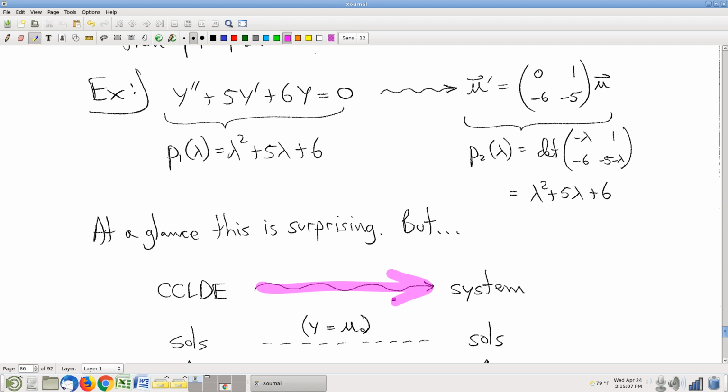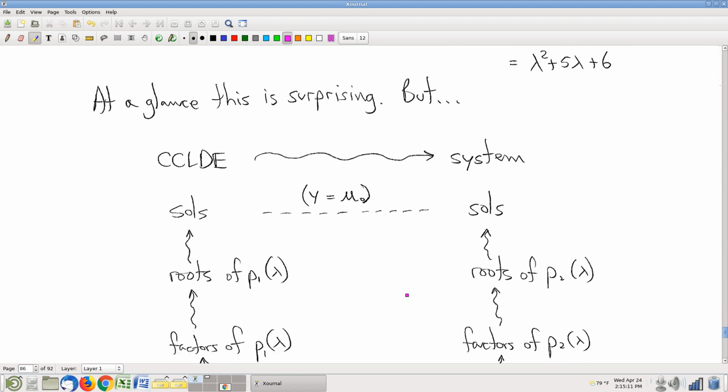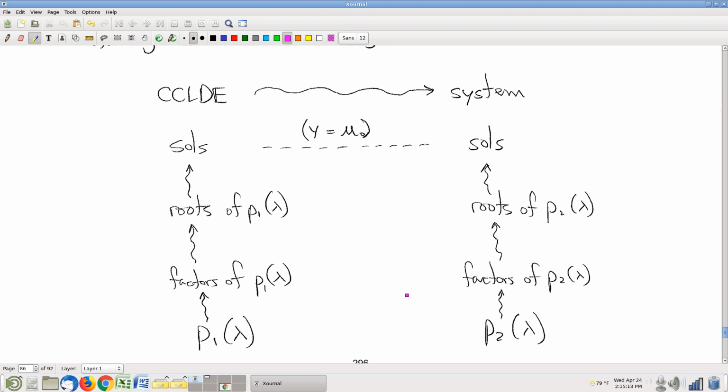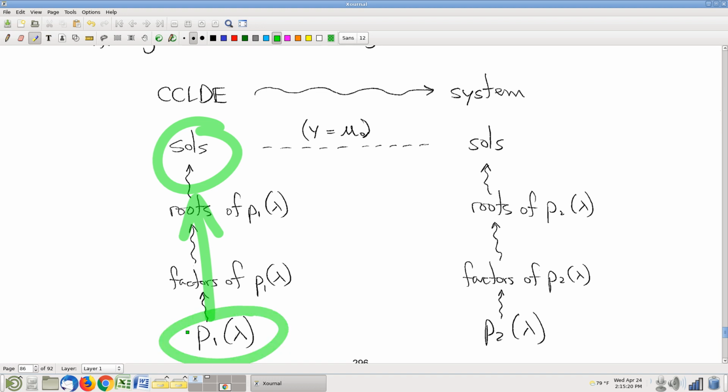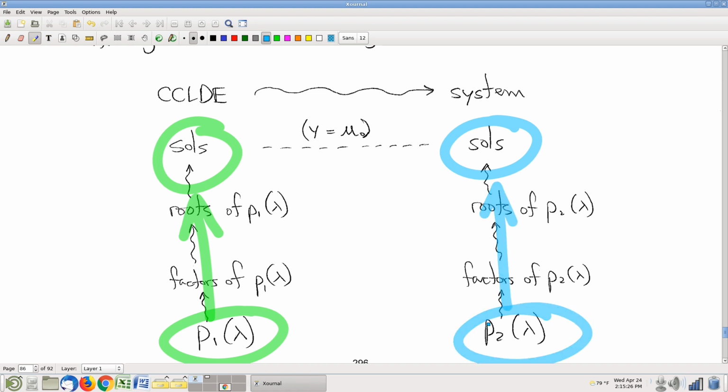And then we'll just think about, wait a second, in each of these cases, where do solutions come from? Ultimately, in both cases, these solutions come from this characteristic polynomial, and these solutions come from this characteristic polynomial.